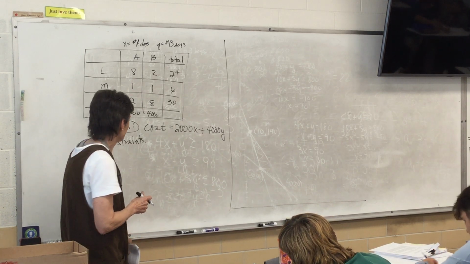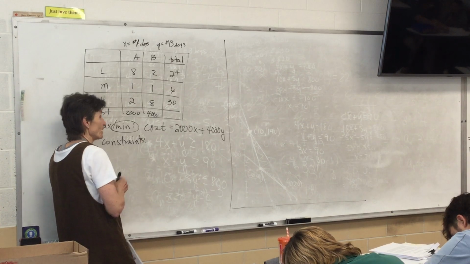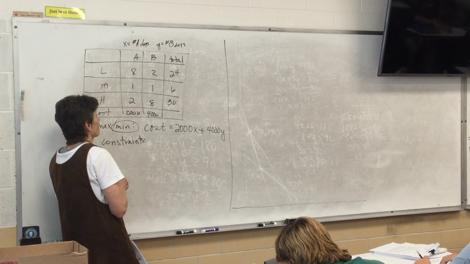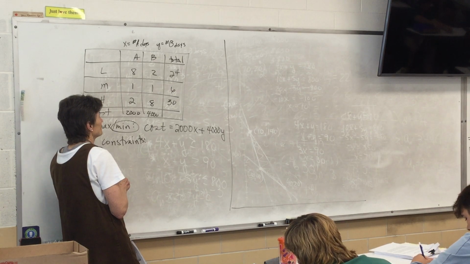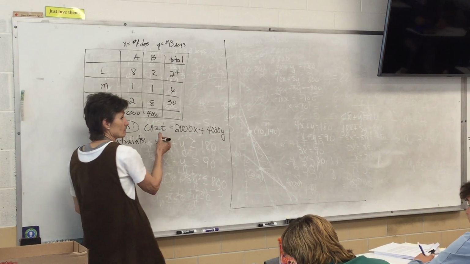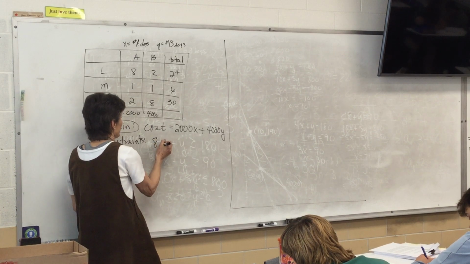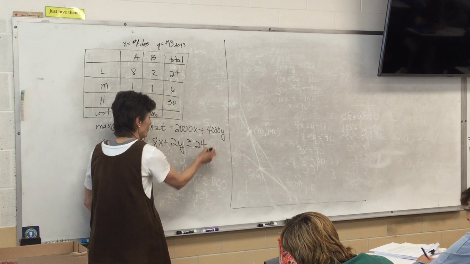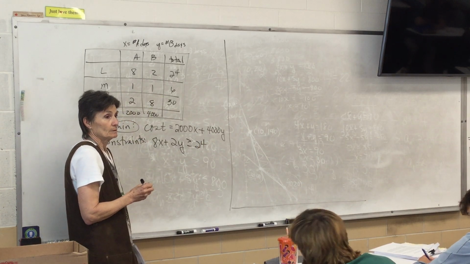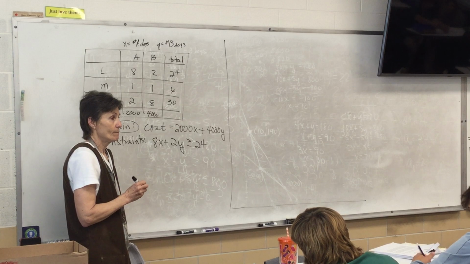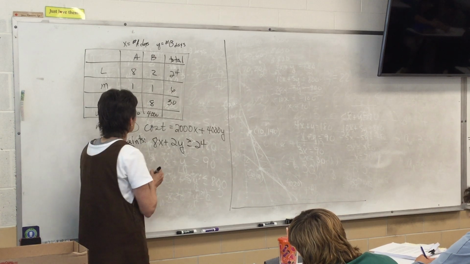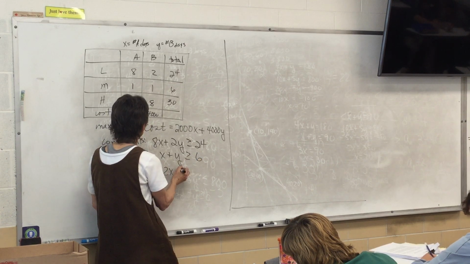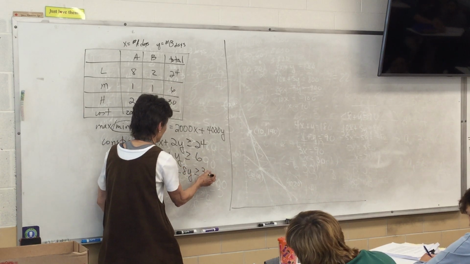Okay, let's look at our constraints. Can you write some equations from here? What do you think? 8x plus 2y is greater than or equal to 24, x plus y is greater than or equal to 6, and 2x plus 8y is greater than or equal to 30.